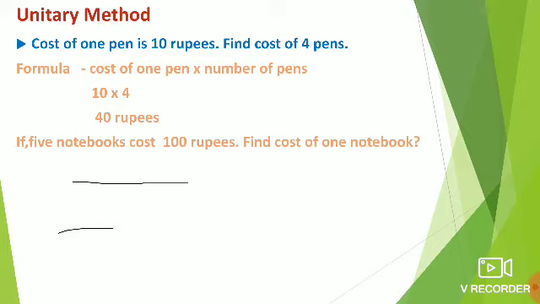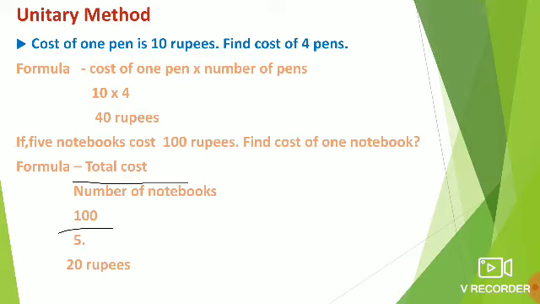From that we can find out the cost of one notebook. So what is that formula? Total cost, the 100 rupees, upon the number of notebooks. How many notebooks are there? 5 notebooks are there. So 100 is the total cost upon 5 notebooks. After dividing, you will get 20. So the cost of one notebook is 20 rupees.